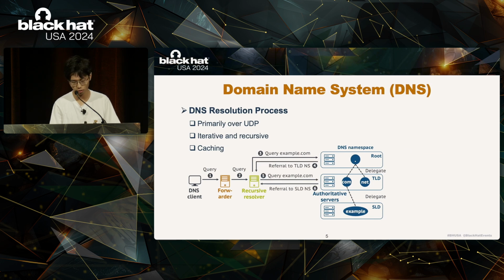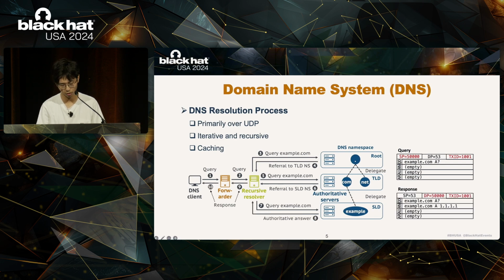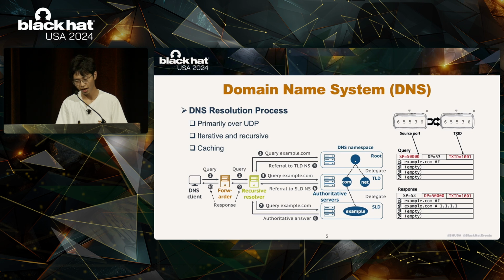Then the recursive resolver does the iterative process with different authoritative servers until it gets a valid response. The response will be cached by all the resolvers. As for a DNS packet, two fields are used to match the query and the response, the source port and the TXID. You can see that both of them have a 16-bit space, so there is a 32-bit space to indicate a query.